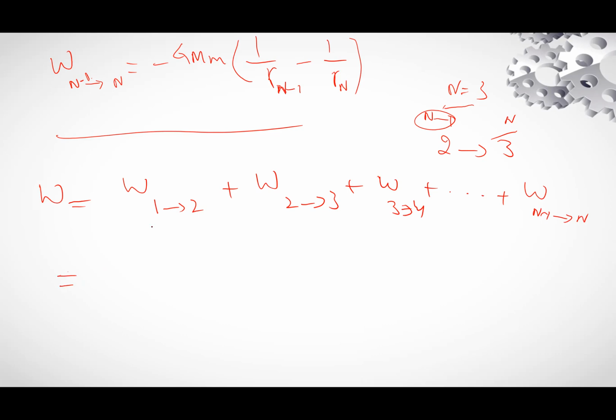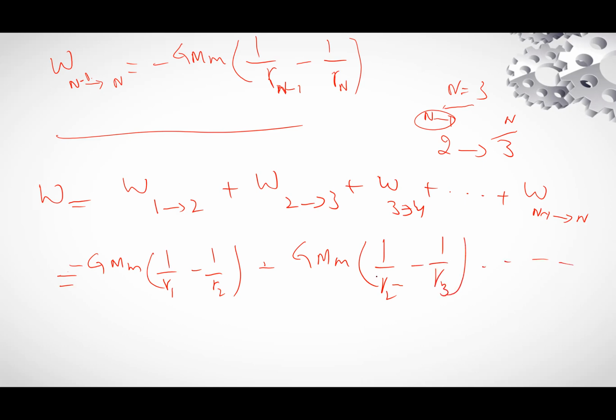So write in all these equations: minus GM m (1/R1 minus 1/R2) plus minus GM m (1/R2 minus 1/R3), and so on.